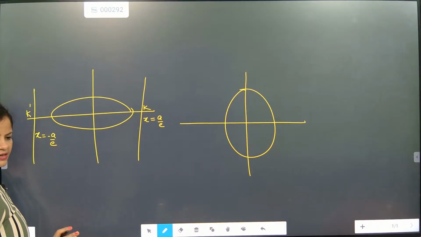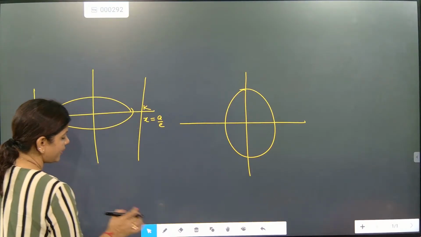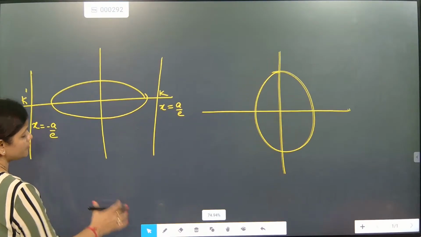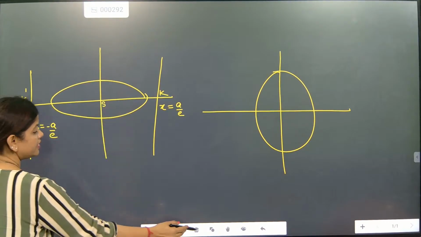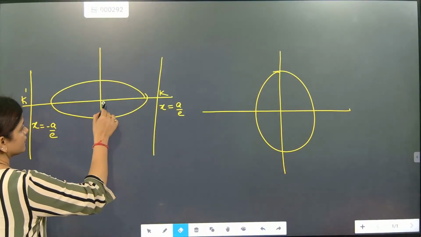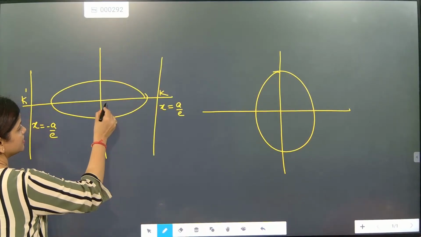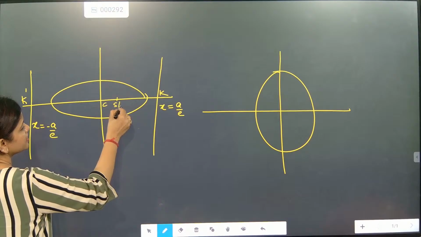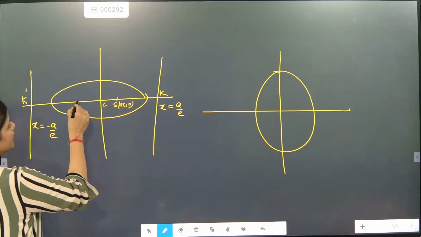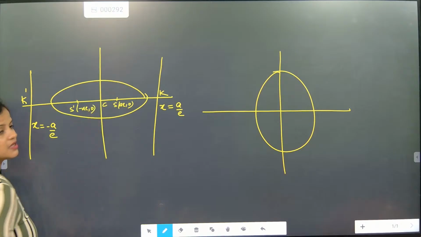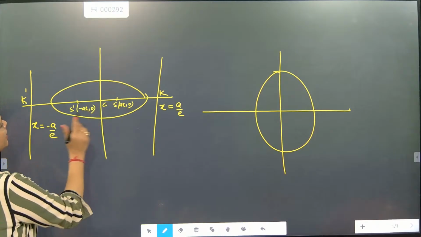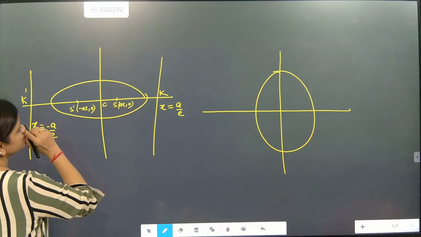Is it clear, Nishi? Everybody please say understood, Payoja. Understand this well, everything will become clear, beta. This is S, sorry, this is taken as C, and this will become S, ae comma 0, and this is S dash, it is coming as minus ae comma 0. Got it? Now here this C is the center.